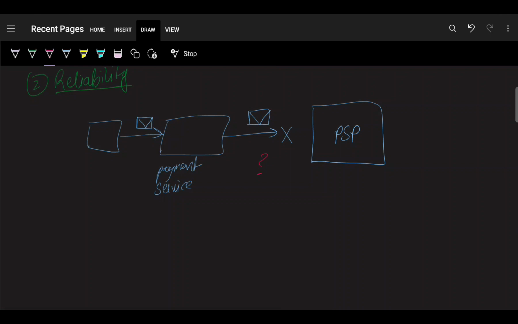So do we retry? If we retry, then what is the protocol over here? How many times are we supposed to retry? Or what are the methods that we need to ensure while we're retrying in delivering a particular piece of data to our PSP?